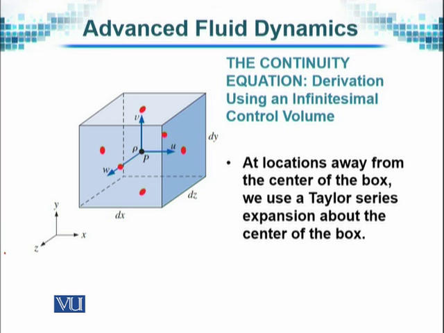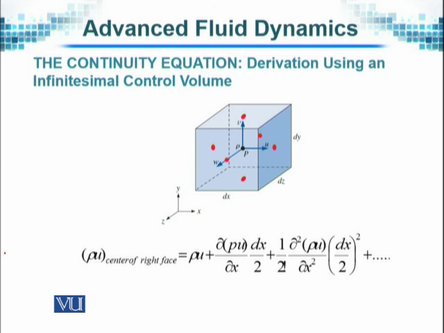The red dots are the centers of the 6 faces of this cube. If I try to expand the value of rho u for the center of the right face, because from one side there is a fluid that is moving in and there is another side where the fluid is moving out.